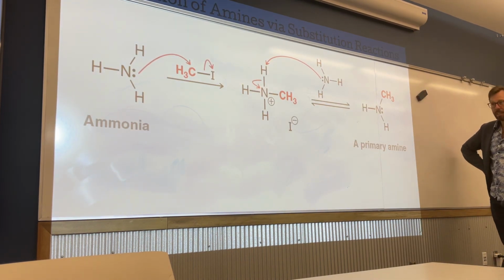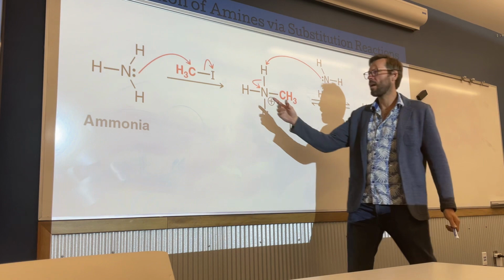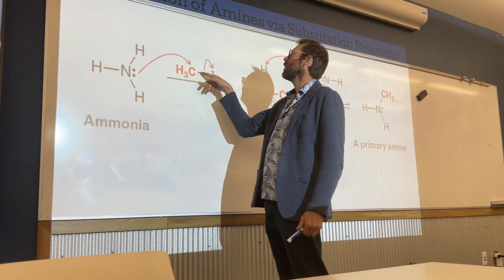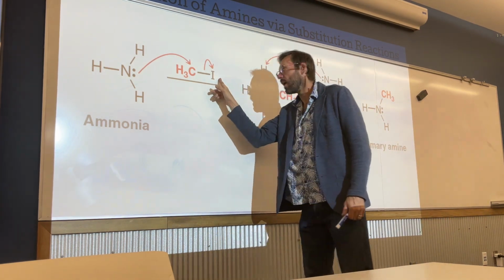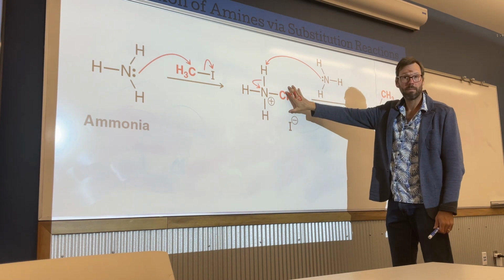So, ammonia turns out is a very good nucleophile. And so we can readily alkylate that when we treat it with an alkyl halide. Essentially, it's going to attack this iodomethane. Iodine comes off, and now we've made essentially a primary amine.